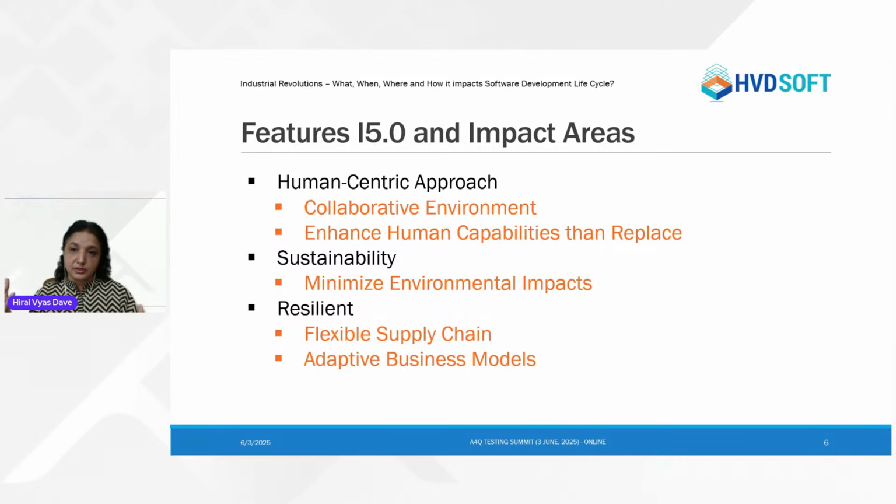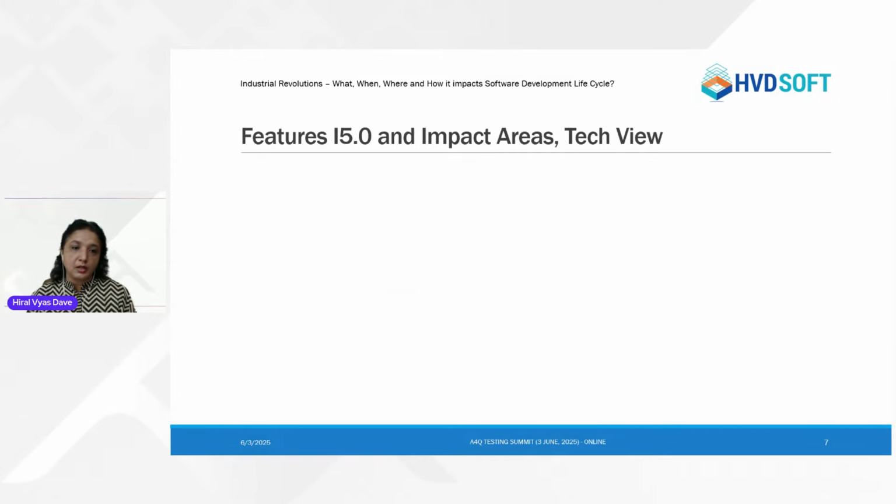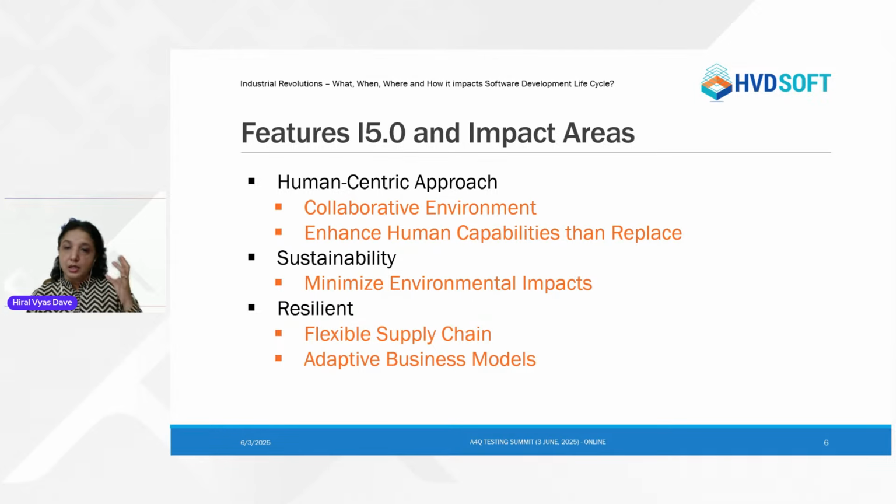All these industries are going to have a collaborative environment where humans and machines interact with each other. We are going to enhance human capabilities rather than replacing them. Their cognitive power will be utilized along with machinery doing the automated, repetitive work.